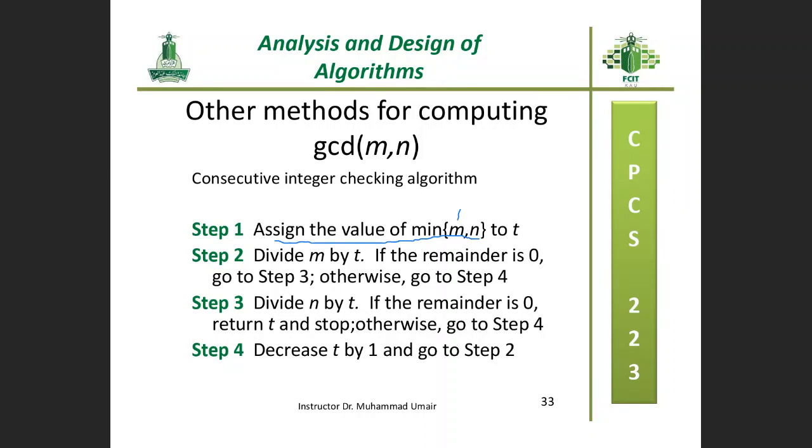If m is smaller, then you divide n by m. If n is smaller, then you divide m by n. Is that clear? So the first step is to assign the minimum value to t, then divide m by t, and if the remainder is 0, then you go to step 3, otherwise you go to step 4. And in this way, this algorithm will calculate the GCD.